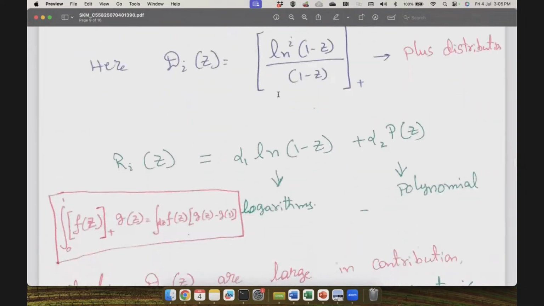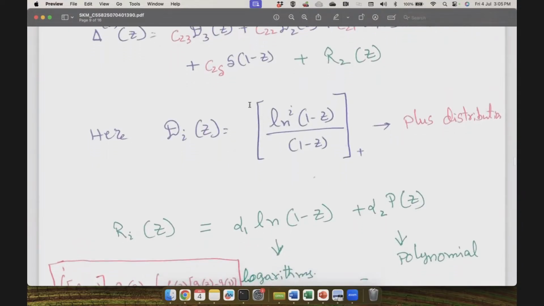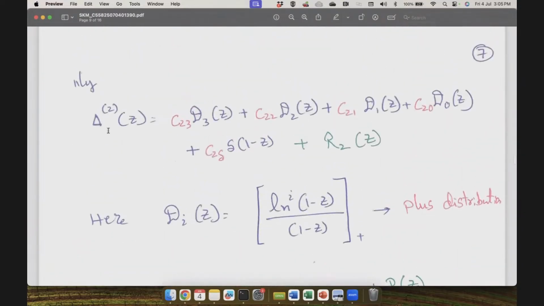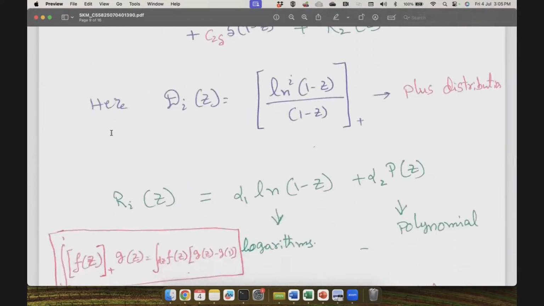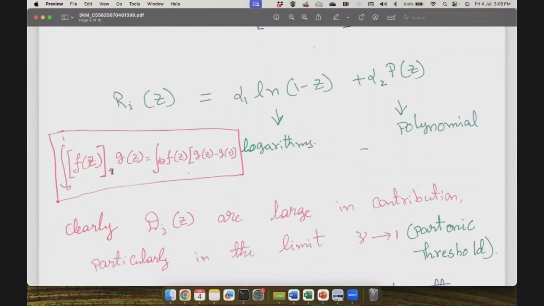So the definition of the plus distribution, or the curly D, is the following actually. If I take any plus distribution and I convolute it with any other function, for example, here the entire function will be coming as a coefficient function, but this entire coefficient function I have to convolute with the parton distribution functions. So this is something which is a very well-defined quantity.